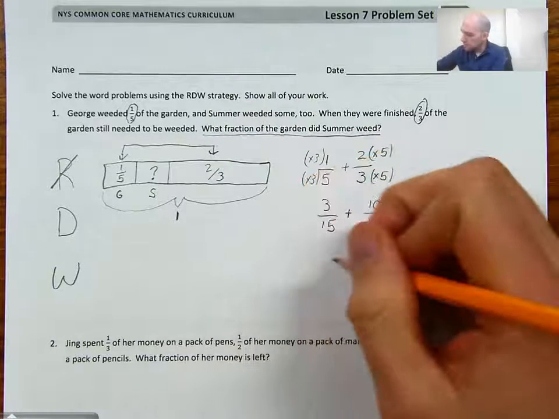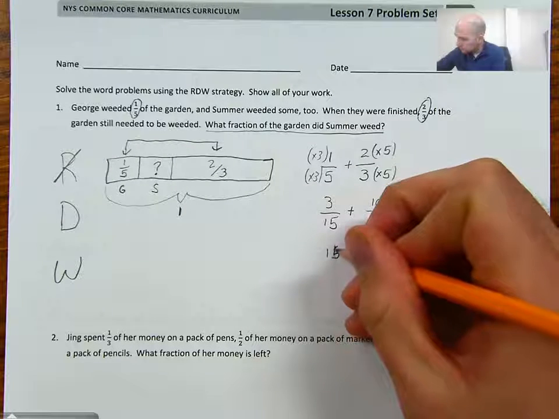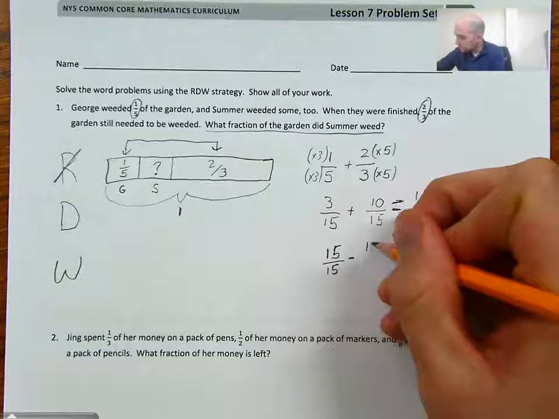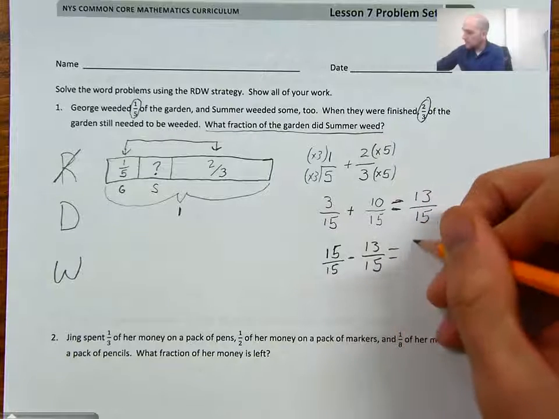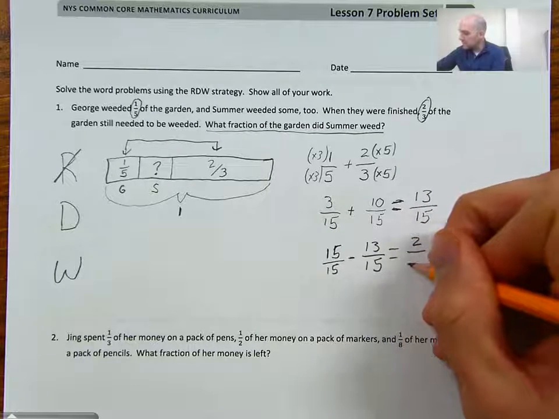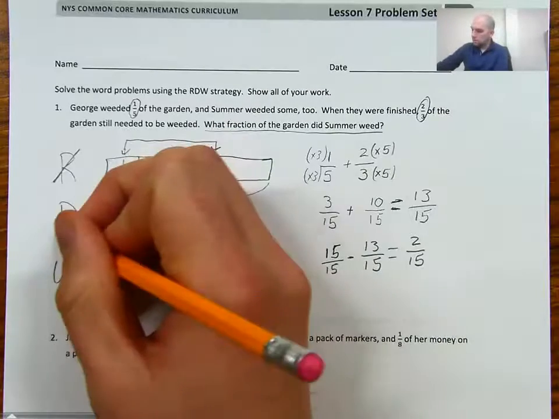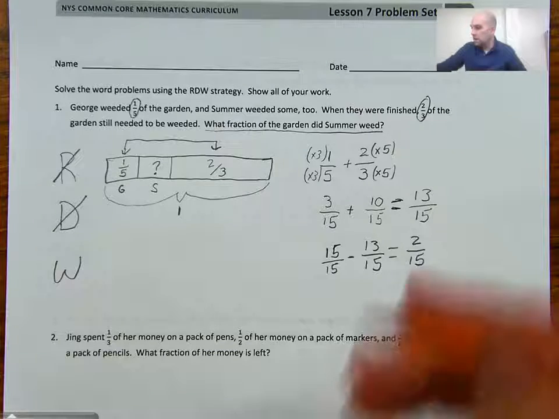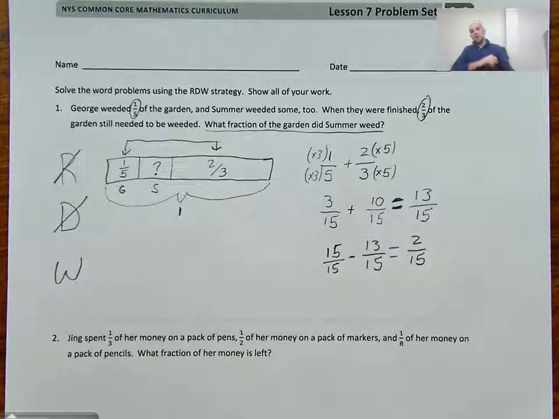Next I'll do 15/15 minus 13/15, and I'm going to be left with 2/15. I can cross out my D because I was done with my drawing. I usually wait until I'm done with all my equations to make sure I don't need to update my drawing at all. Now I'm done drawing and solving.